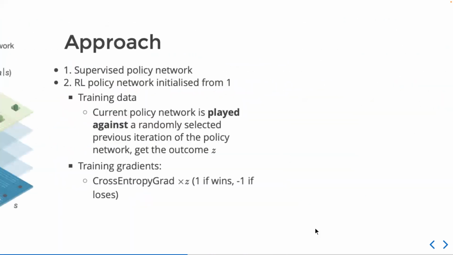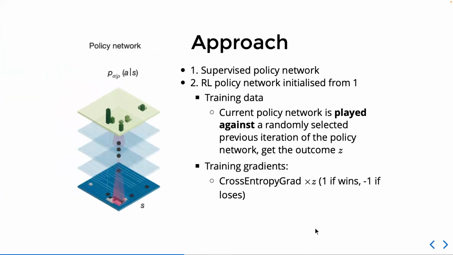I think the RL policy is just to generate more data by playing with itself. All right. So you will not introduce how we train the value network anymore?